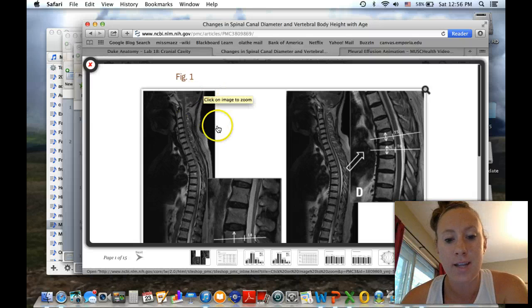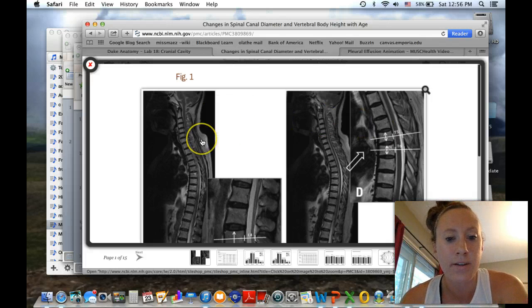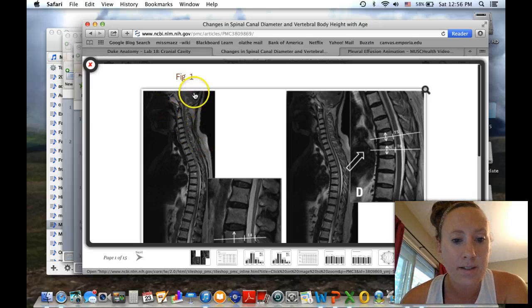This one studied the growth of the vertebral height, so you can see that they're measuring the height of these vertebrae here over time. I'm not going to give away the findings, but you can go read the article if you're interested. But up here at the top, we can see the cranial cavity, and then running down along the posterior side of the body, you can see the vertebra, which looks like this snake type thing. Right next to the snake is this thin cord, which is your spinal cord.